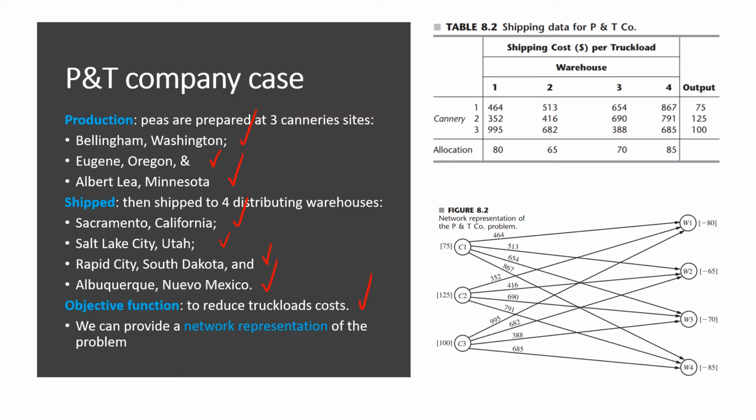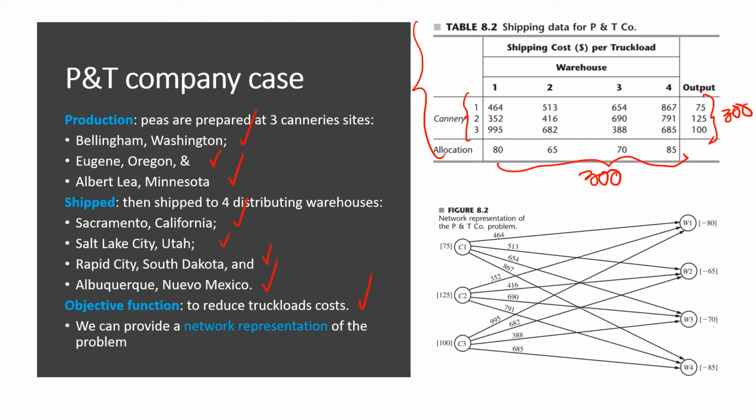Okay, we have here our parameter table where we have the 3 canneries, and we also have the 4 warehouses. These numbers, the output, are my sources of truckloads from each cannery, while these numbers are the demand of truckloads from each warehouse. The parameter table is balanced. If you see, we got here 300 units, and my demand is 300 units.